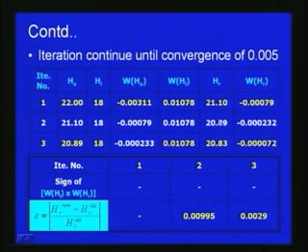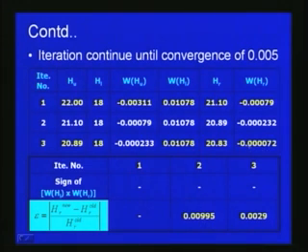Now the next upper value is 20.89, the lower is the same, and we again calculate W(HU) and W(HL). W(HU) is minus 0.000233 and W(HL) is 0.0178, and then HR we find is 20.83. The residue will be minus 0.000072.